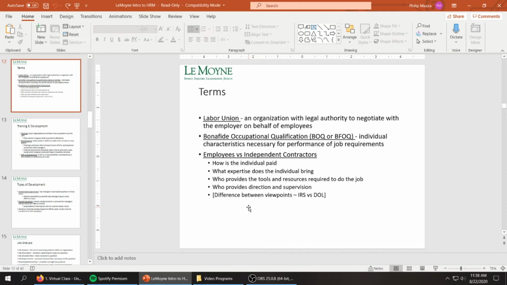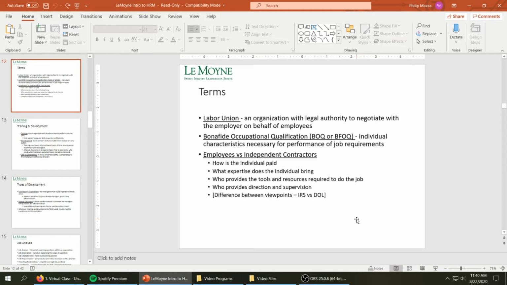All of that figures into deciding whether the person is an employee or independent contractor. When we talk about what is an employee versus an independent contractor, we have to take a look, and you will see on this slide, 5 aspects that will be reviewed by the IRS and the DOL.